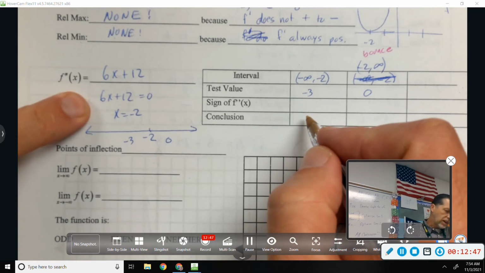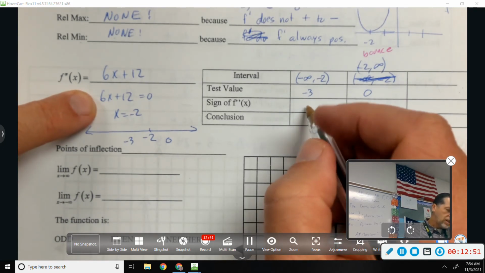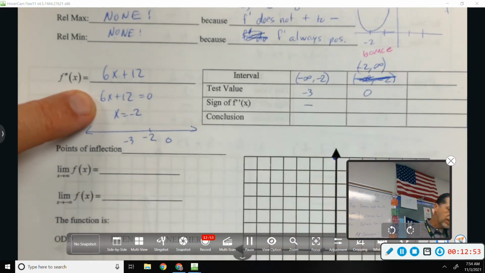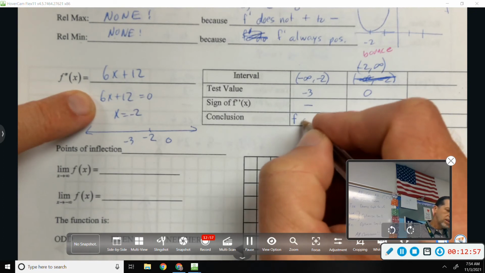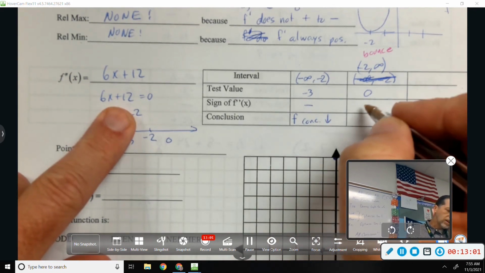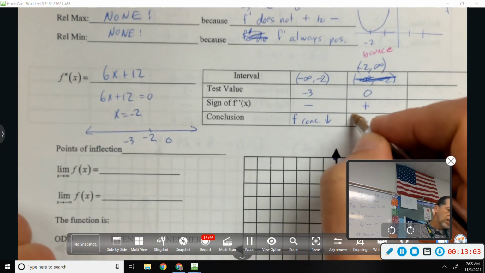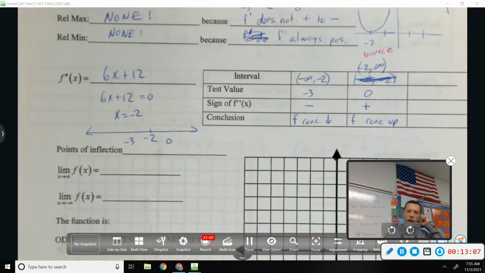So if I plug in -3, I get -18 plus 12 is negative. What does that tell me about f? Concave down. If I plug in 0, I get positive. That tells me that f is concave up. So do I have any points of inflection?